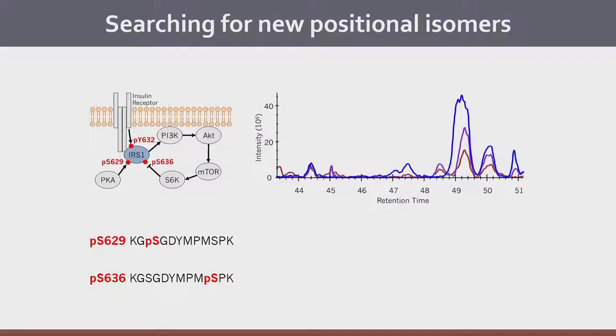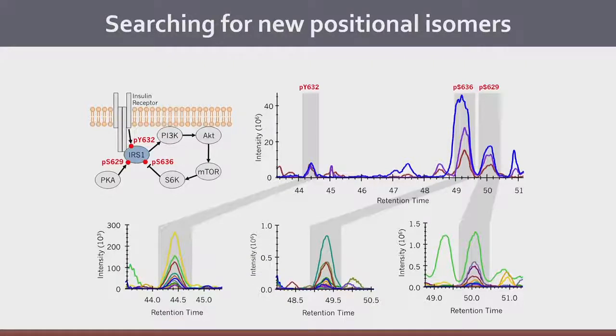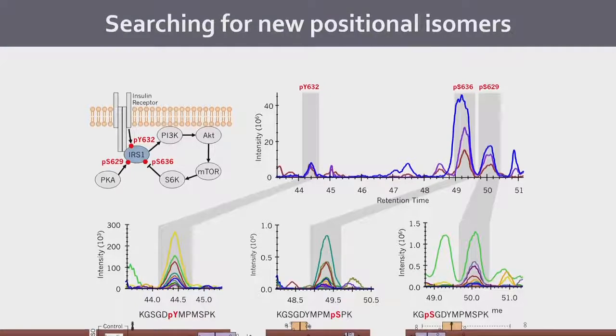There's also this feedback loop through AKT, and there are drugs used to inhibit this AKT phosphorylation of mTOR. The spectral library is used to assign these two different peaks to these different positional isomers. Then Thesaurus looks upstream and downstream over a certain range to find any other positional isomers, and it finds a phosphotyrosine site over here.